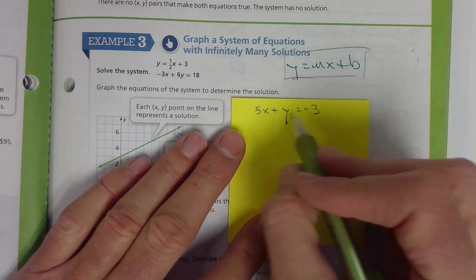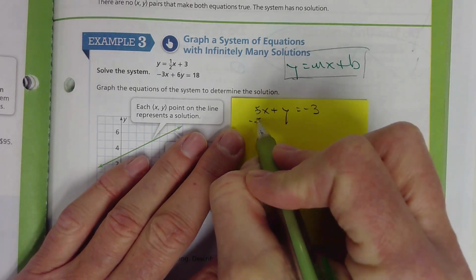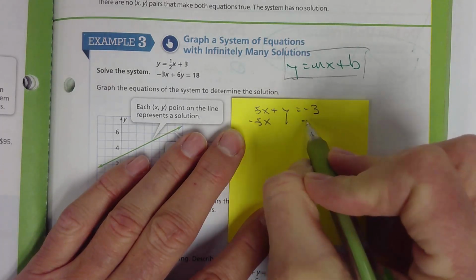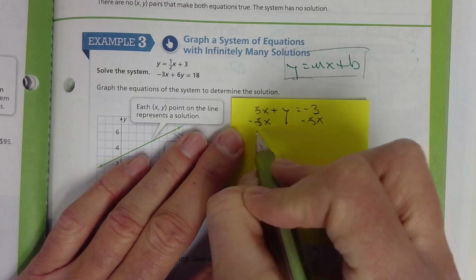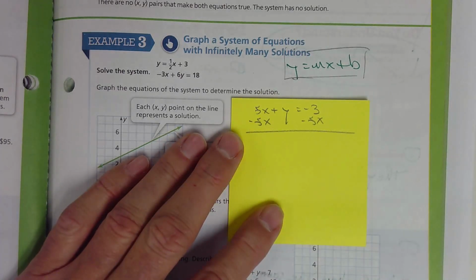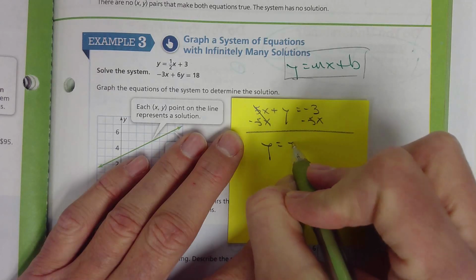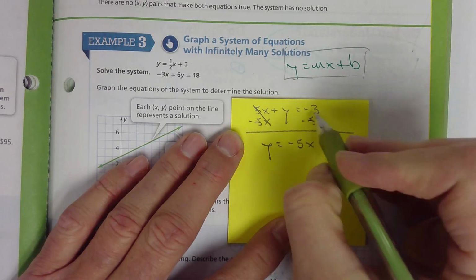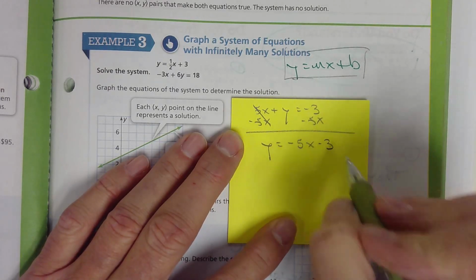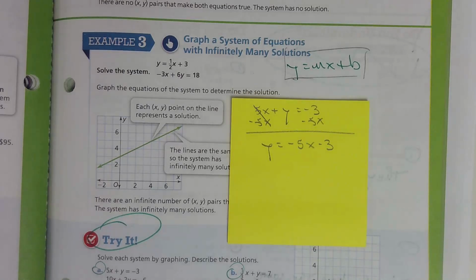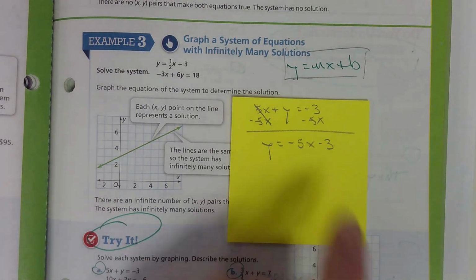So I'm going to get y by itself. So I'm just going to start off by subtracting 5x. And whatever you do on one side of the equation, you do on the other. They cancel out. So now I'm left with y equals -5x minus 3. Now it's in the form of y equals mx plus b. I could graph that.